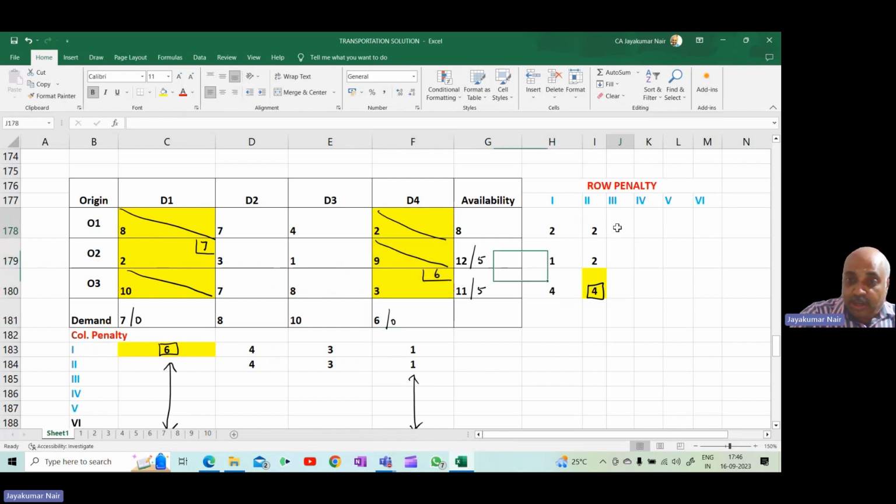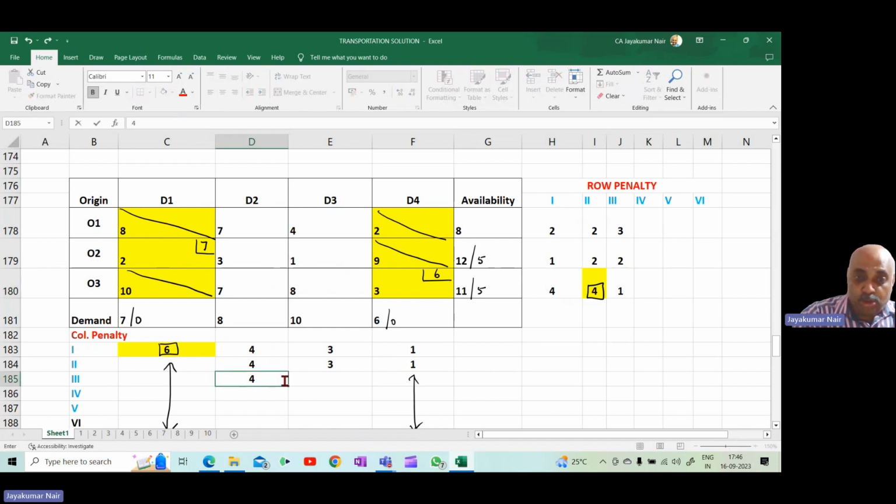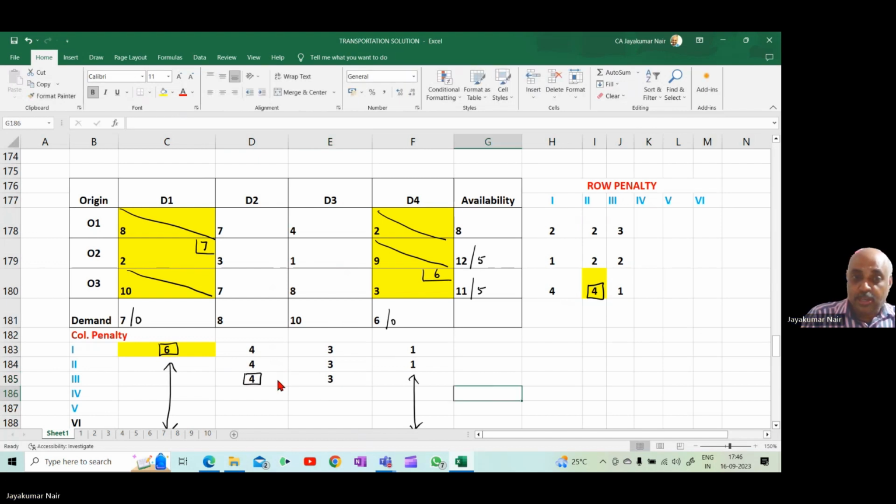Now again, calculate the row penalty. Row penalty here is 3. Here it is 2. Here it is 1. What about column penalty? 4 and 3. Which is the highest? Highest is 4, so I will select this. In this particular column, the least cost cell is 3.